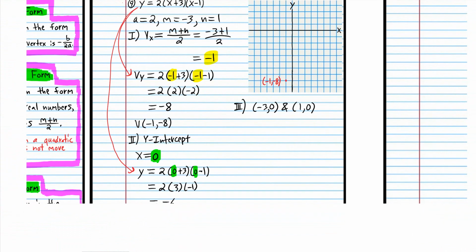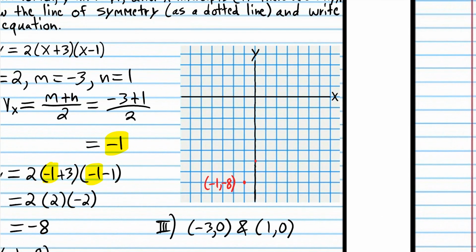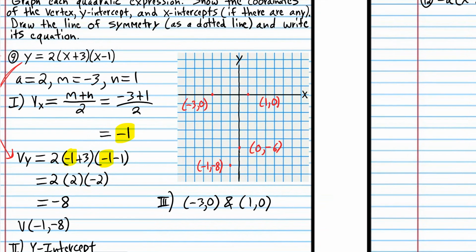And the y-intercept is 0, -6. So that is here. And the x-intercepts are -3, 0, and 1, 0. And there you go. So now we can go ahead and connect the dots and make our parabola.